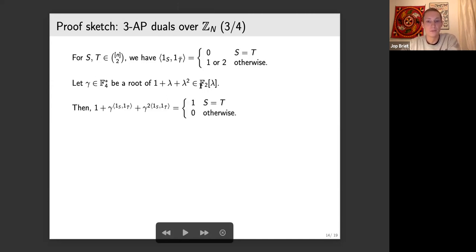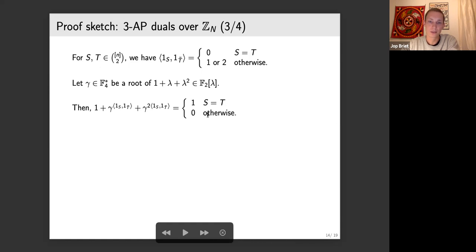Well, then if you evaluate this polynomial on the point gamma to the inner product that we discussed just now, then this polynomial evaluates to 1 if the sets S and T are equal, because then this inner product is 0, and what you have here then is 3, and 3 is equal to 1 mod 2.